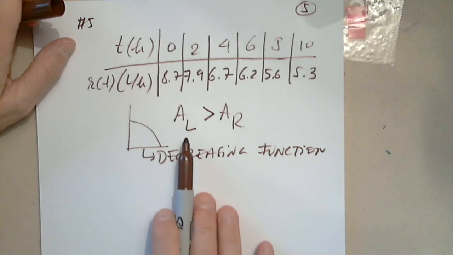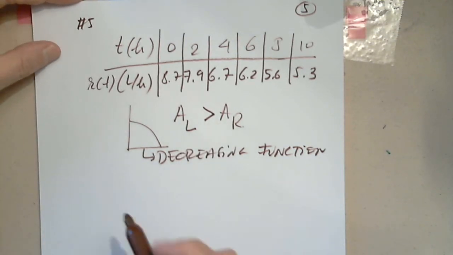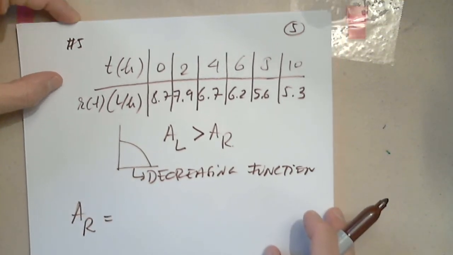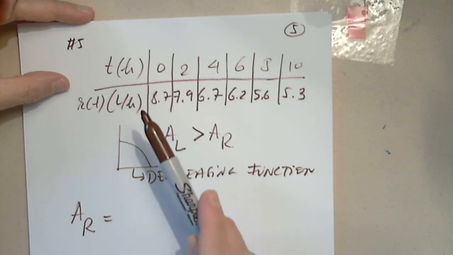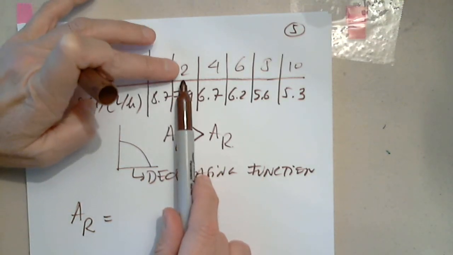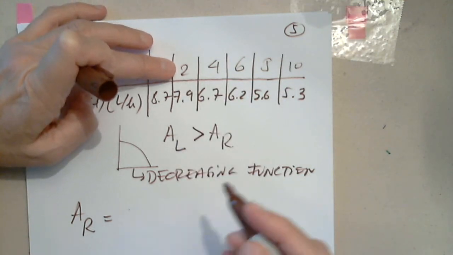Okay, so let's start with the area that is the rightmost point. We just did that. So the area with the rightmost point will be: the intervals between 0 and 2, and 2 and 4, and 4 and 6, and so forth, give delta x.